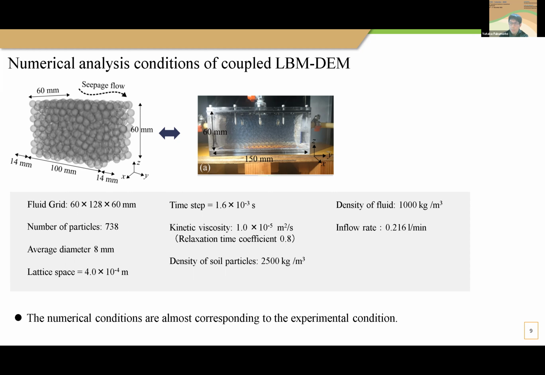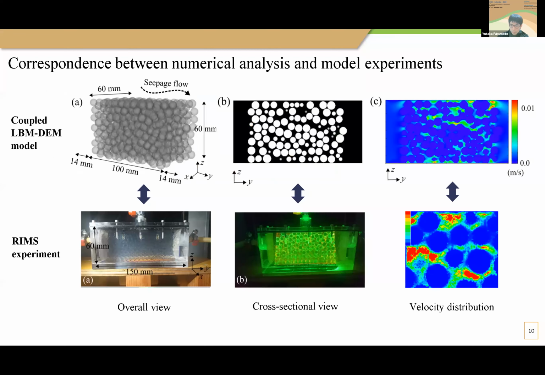So the numerical conditions almost correspond to the experimental conditions. These pictures show the correspondence between numerical analysis and model experiment. From the left: overall view, cross-sectional view, and velocity distribution.